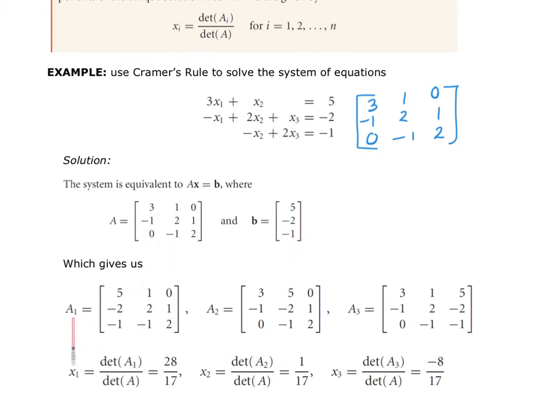Then A1 means that I take column 1 and replace it with my B vector.